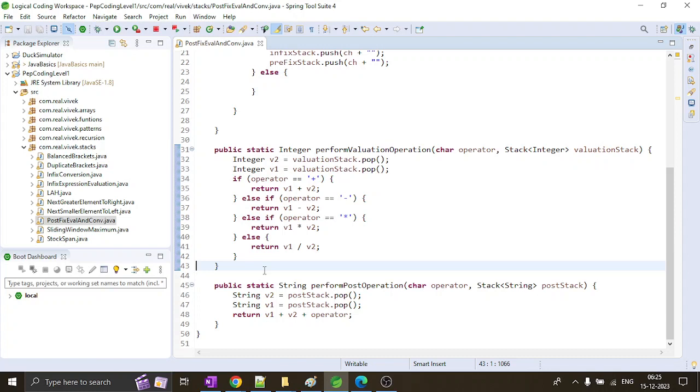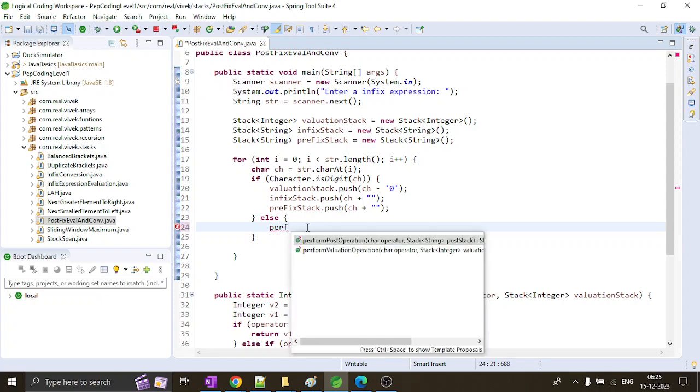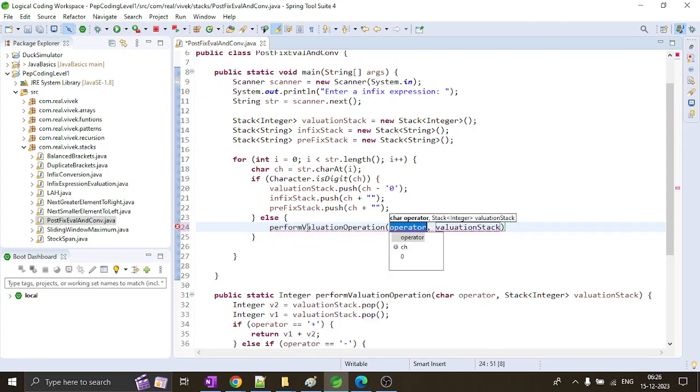I should have copied the pre-operation as well, but never mind, I'll copy it from there. So else, what do we do? If it is not a digit, we just perform operations. We perform the valuation operation first.